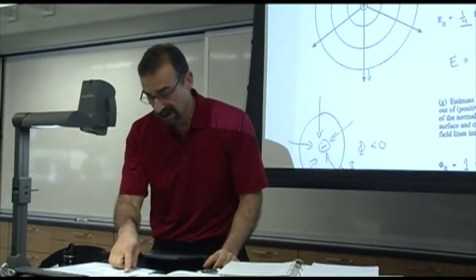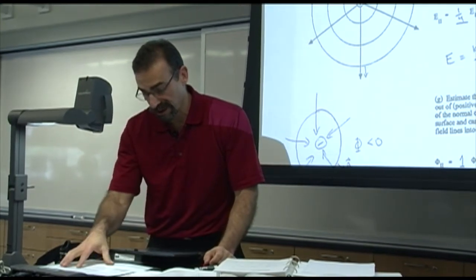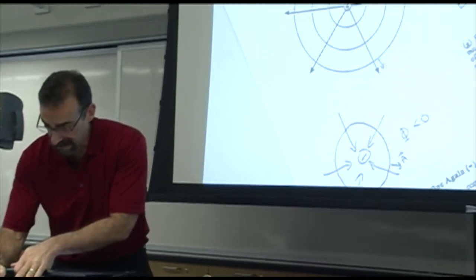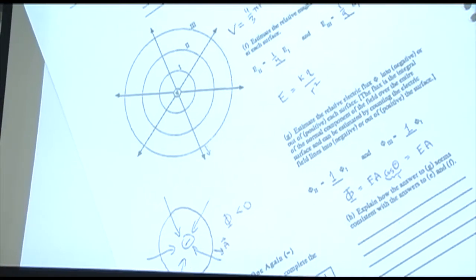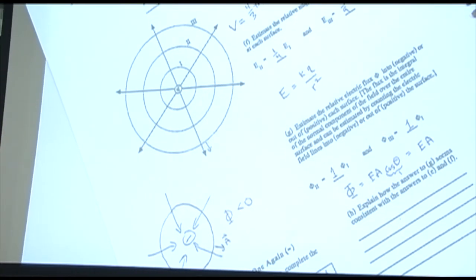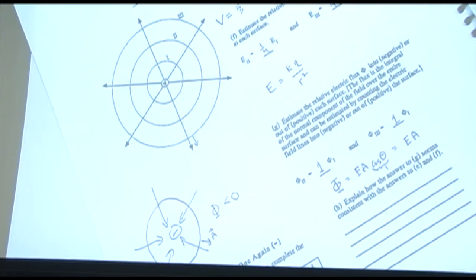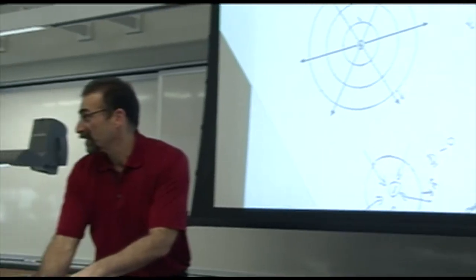So what's our moral? The total electric flux into or out of an enclosed surface is proportional to the charge inside the surface and does not depend on the shape of the surface, the area of the surface.